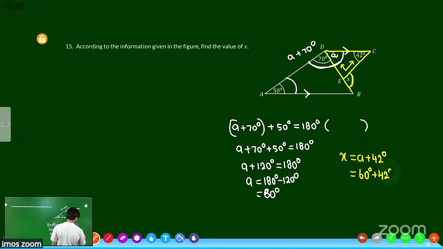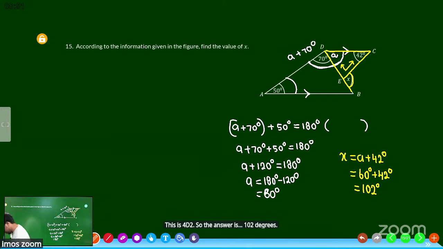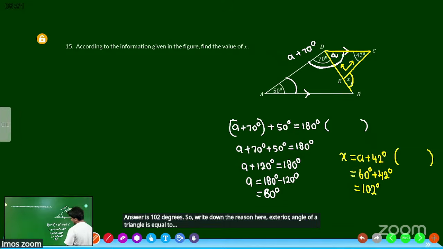This is 42. So the answer is 102 degrees. Answer is 102 degrees. So write down the reason here: the exterior angle of a triangle is equal to the sum of the interior opposite angles.